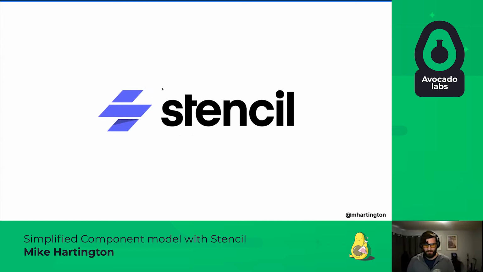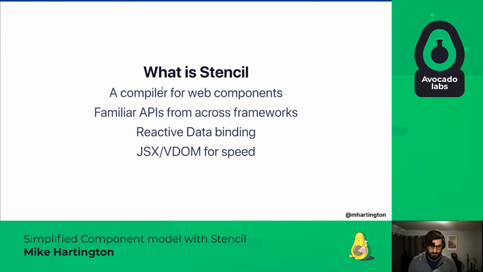And this is where we come into Stencil. We take all the goodness, I think, that web components have, and we say, let's simplify just a few things of it. So if you think about what Stencil is, it is a compiler for web components. Basically saying we give you this abstracted API, and you can take this abstracted API and generate web components from it.